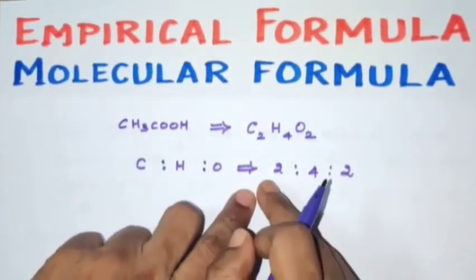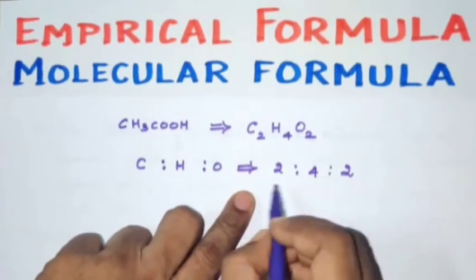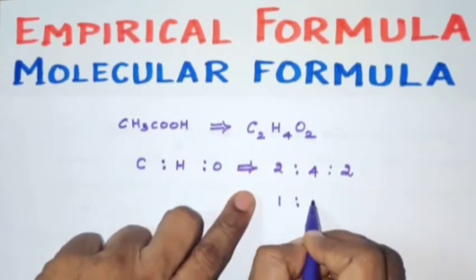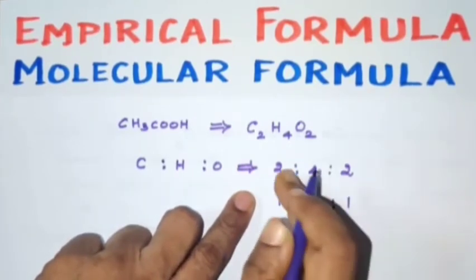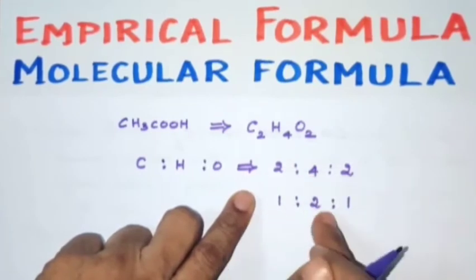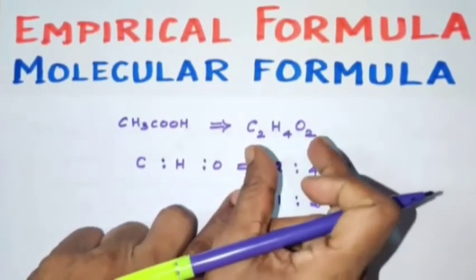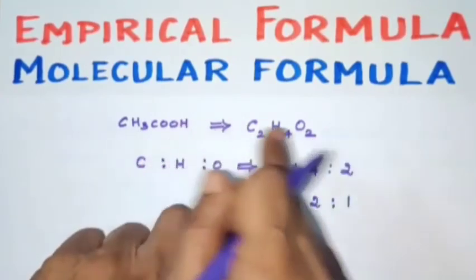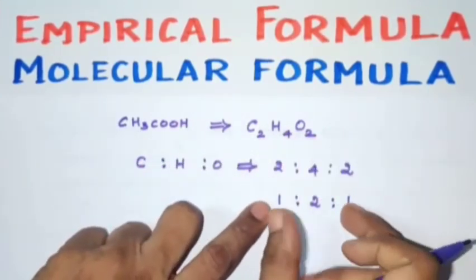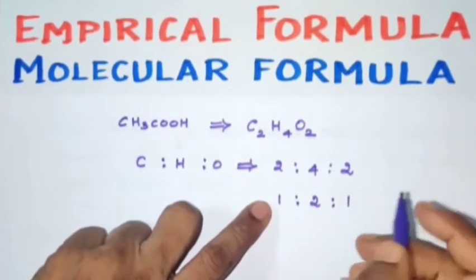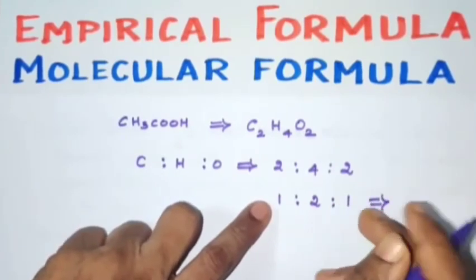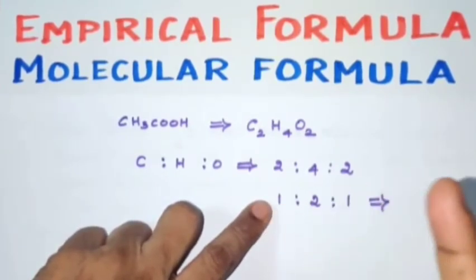Now we are going to take the simplest ratio by dividing this with 2. So 1 is to 2 is to 1. This is the simplest ratio of acetic acid. With the use of this simplest ratio, now we are going to write that formula. That is, how much carbon is present?